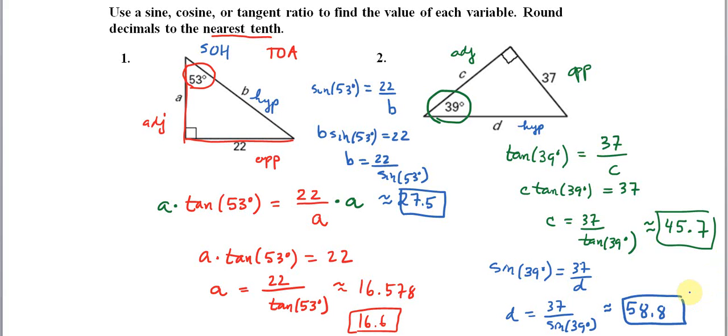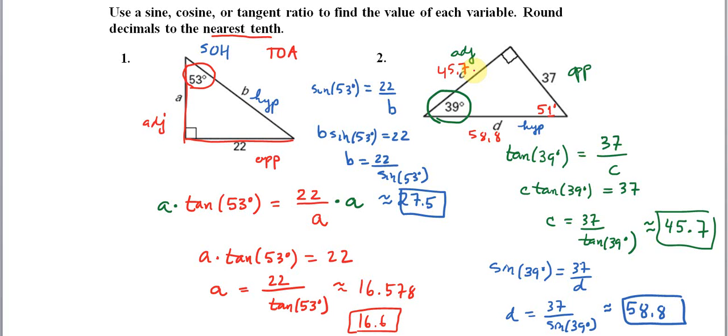Now, looking back at both of these problems, one thing that we should do is a little bit of a sanity check, just to verify our work. If this angle is 39 degrees, then this angle here must be 51 degrees because the three angles have to add up to 180. This length here we said was 58.8, and this length was 45.7. How do we check?